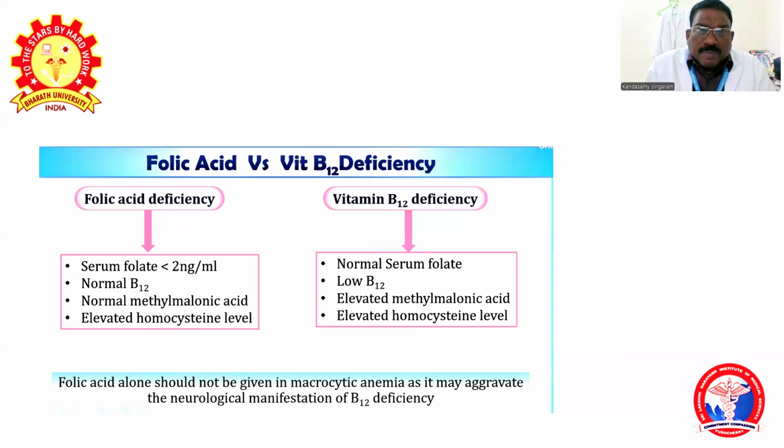In the case of vitamin B12 deficiency, folate level is normal, B12 level is low, methylmalonic acid is elevated and homocysteine level is elevated. Folic acid alone should not be given in macrocytic anemia as it may aggravate the neurological manifestation of vitamin B12 deficiency.